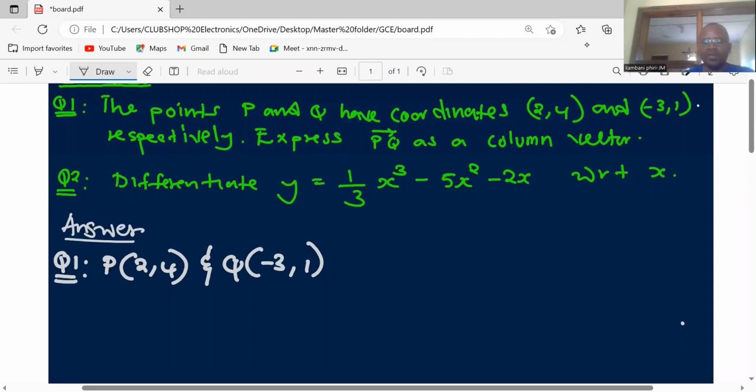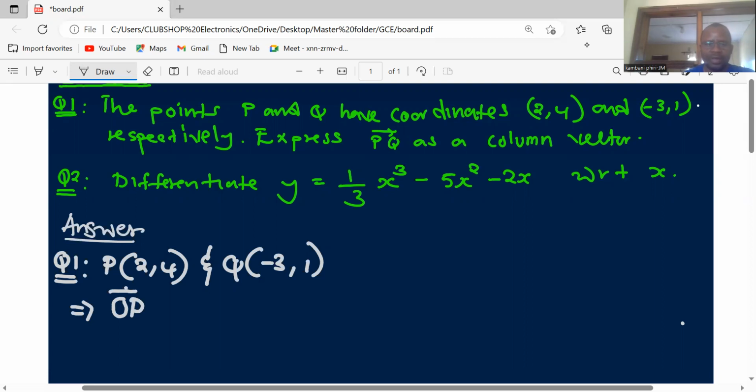Now, before we even look at expressing PQ as a column vector, one thing that we need to realize is that when a point has been given in terms of coordinates, that point can be written as a position vector. So point P, which is 2,4, as a position vector, can be written as OP.